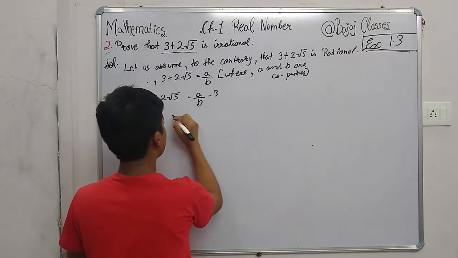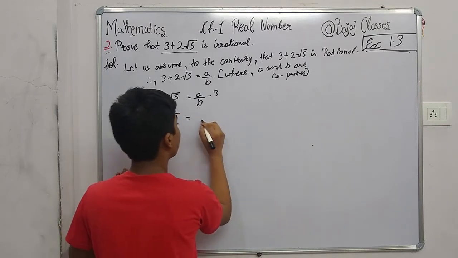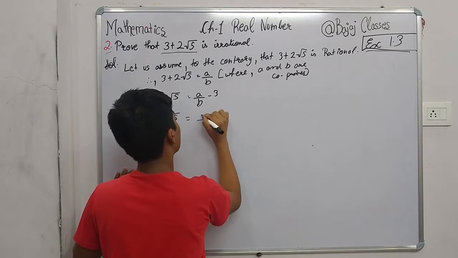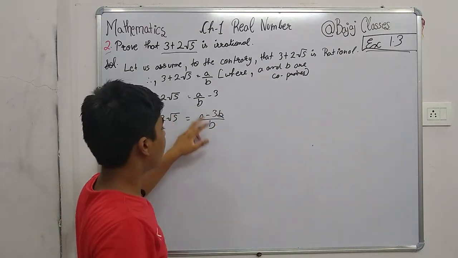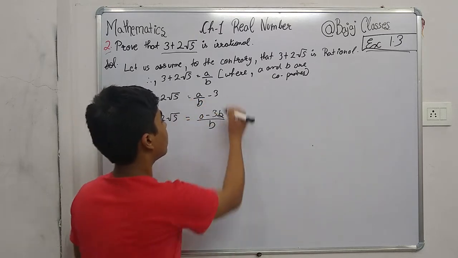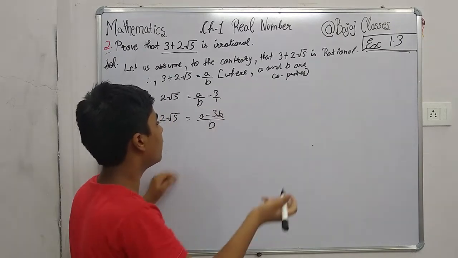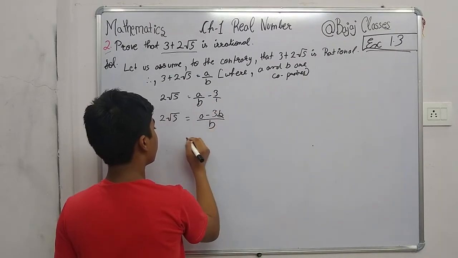So we will take the LCM. What will be the LCM? b will be the LCM. So a minus 3b, because b into 1 equals b, so a, and if we take 1 here, then 1 into b, then b into 3, minus 3, so a minus 3b by b.